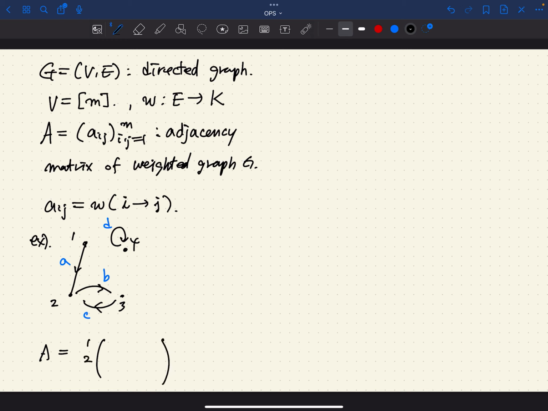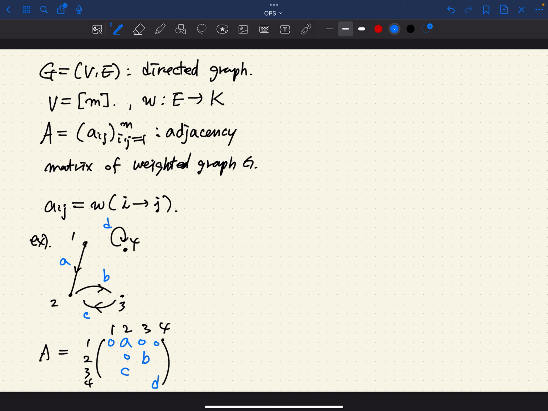So it's like 1, 2, 3, 4 by 1, 2, 3, 4. The edge from 1 to 2 corresponds to the entry (1,2), so here we have A. This corresponds to (2,3), which is B, and (3,2) is C, and (4,4) is D. The other entries will be filled with zeros.